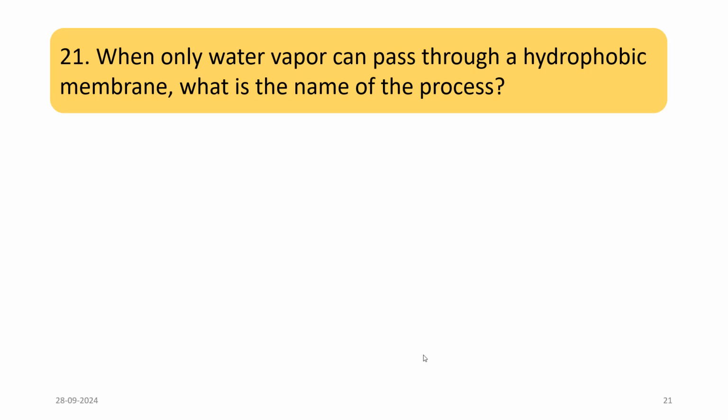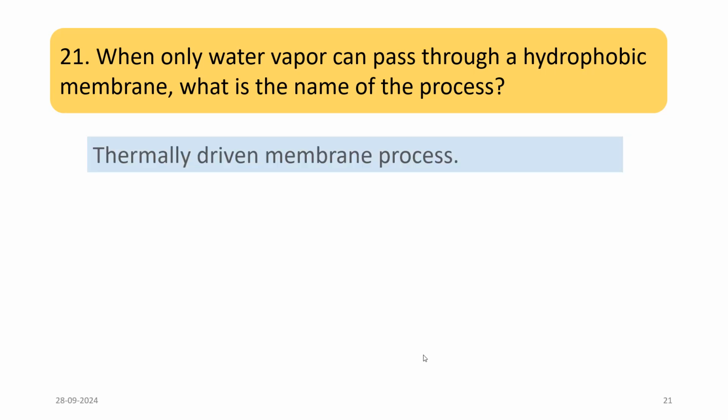Because near the membrane there is thermal material, due to which the water becomes vapor phase. The water converts into vapor phase, and that is how they are separated. But the other things which cannot be converted into vapor so easily, they are retained. So that is how this is separated. So the process is called thermally driven membrane process.